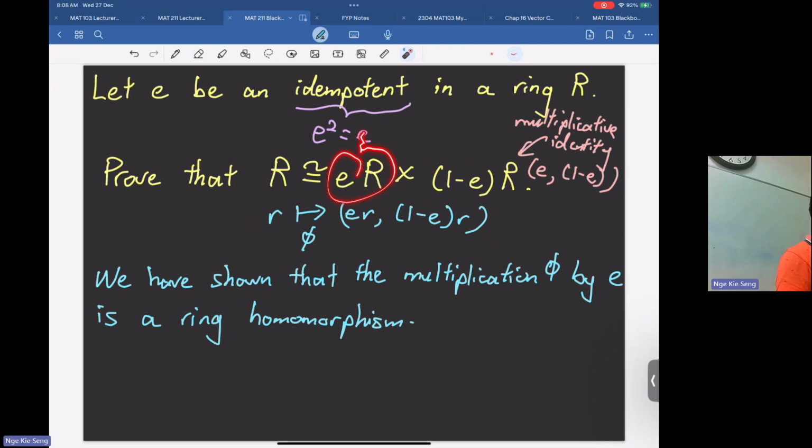So E acts as an identity in ER. Similarly for (1 minus E) times R, because 1 minus E is another idempotent.